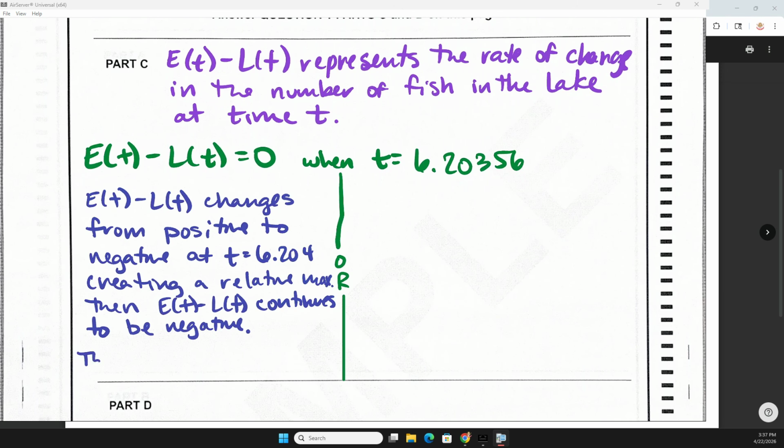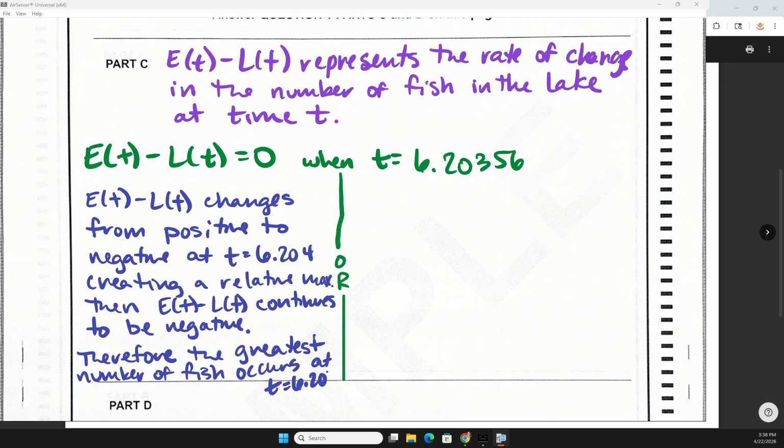Therefore, the greatest number of fish occurs at t equals 6.204.